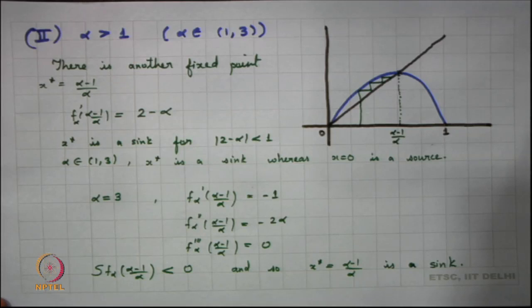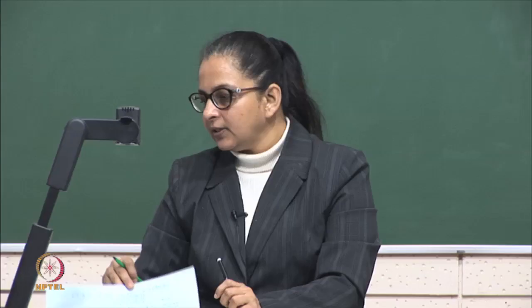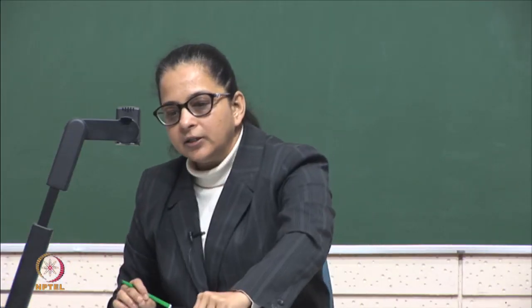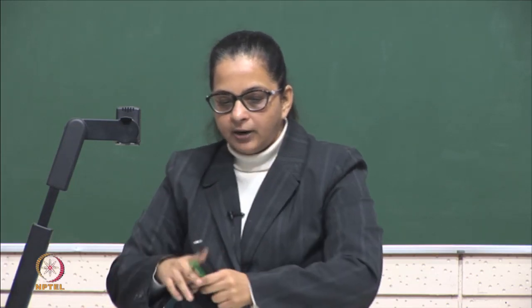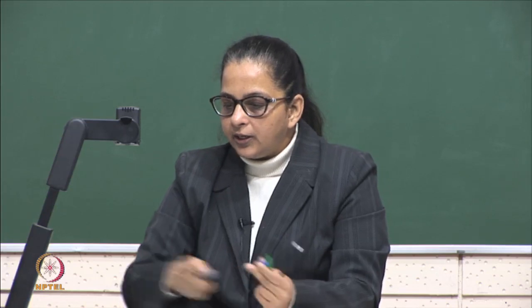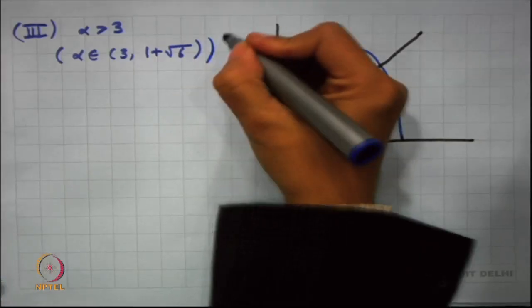Now, the interesting case is what happens when alpha becomes greater than 3. So, we go to the next case, when alpha is greater than 3. Essentially we will be looking into the case where alpha belongs to 3 and 1 plus root 6.